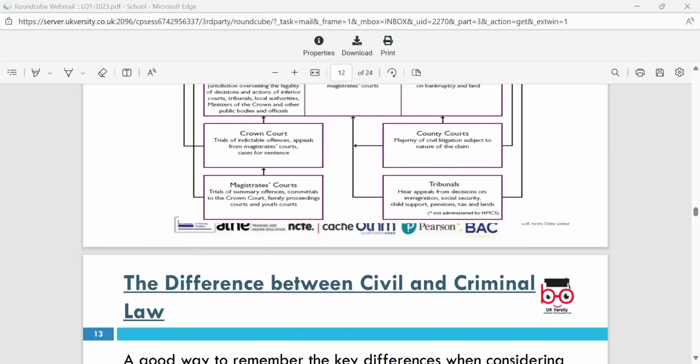Now, tribunals are really important because you have tribunals for specialized areas of law. What kind of tribunals can we have? Do you know? Why do we need tribunals for special areas of law? You have things like employment, family, and immigration.